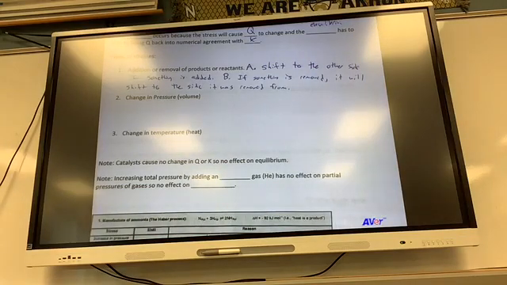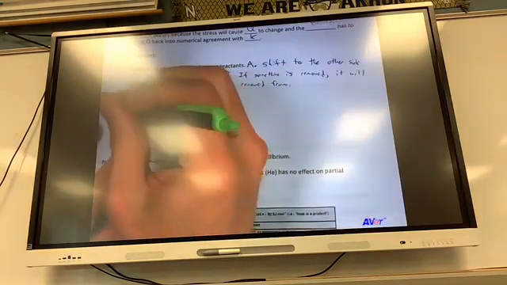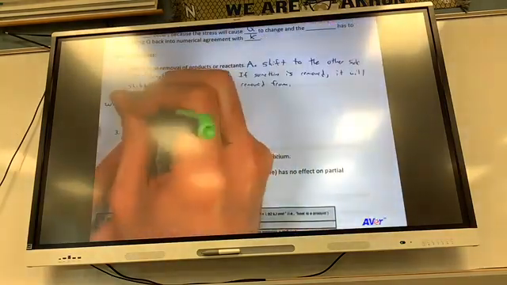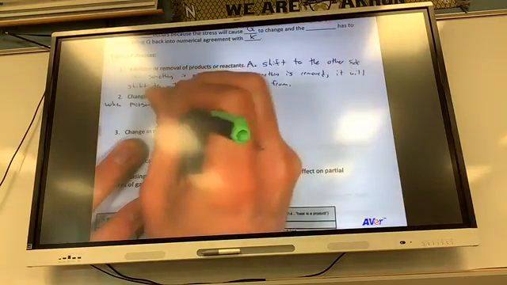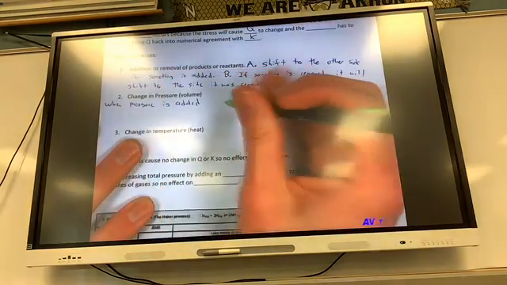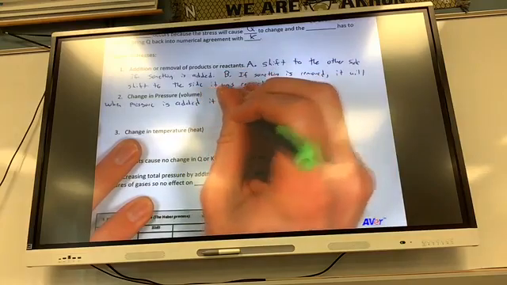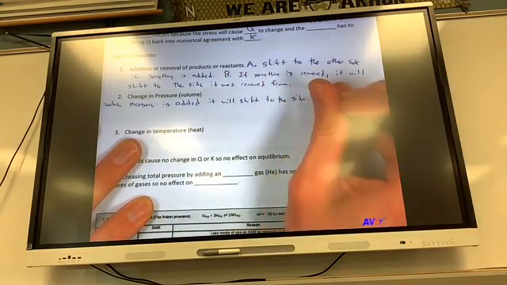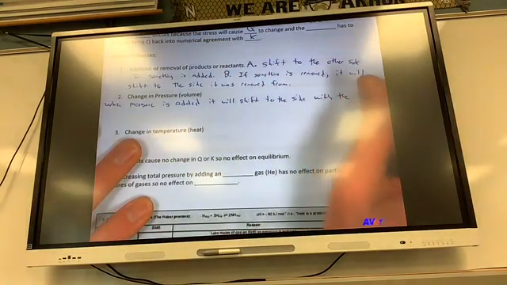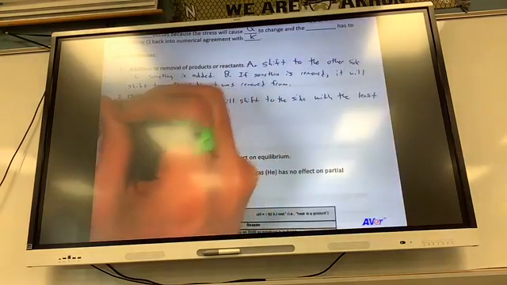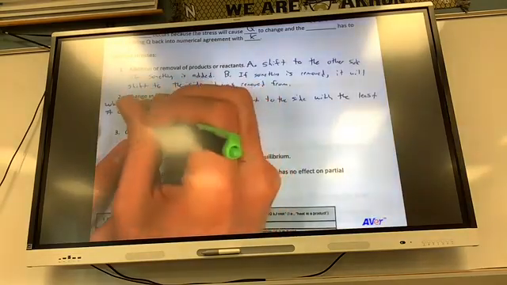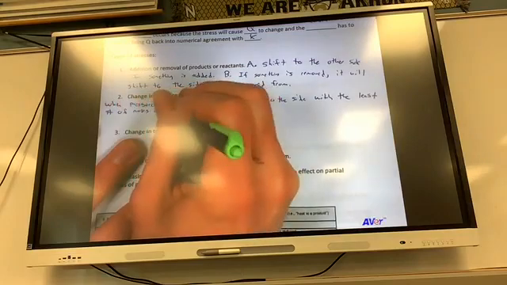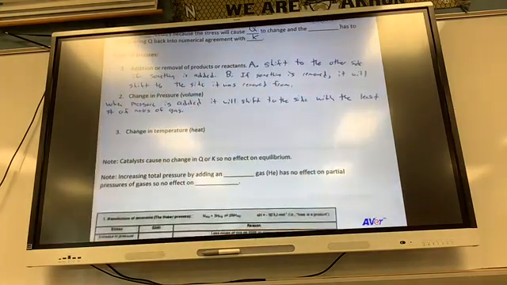So when pressure is added, it will shift to the side with the least number of moles of gas. That makes sense, right? Because gas is a fluid, and fluids do what?